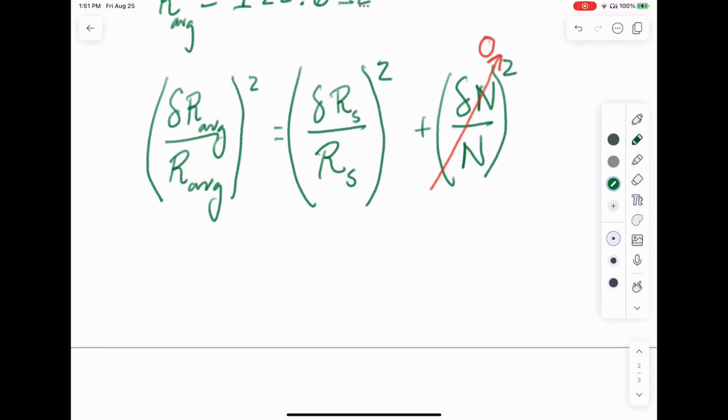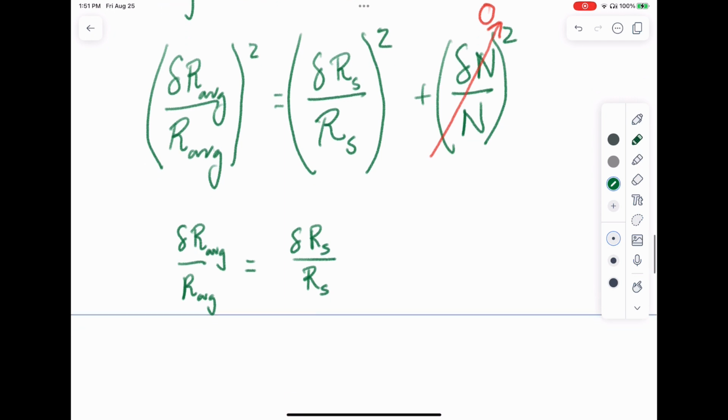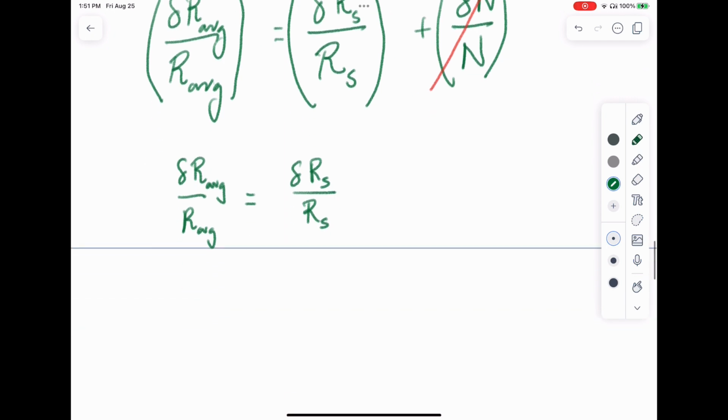All right, so now there are a couple of other things that we need to do. Before the sum, let's just say we have delta R average over R average equals delta R sum over R sum, because both of those are being squared out.